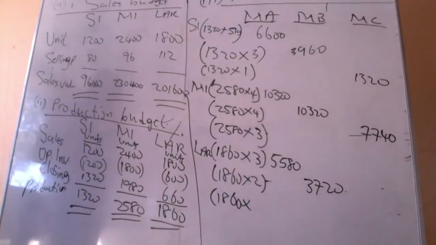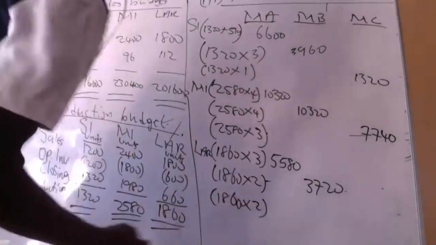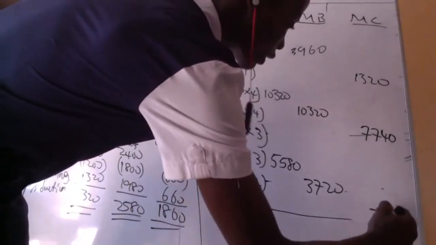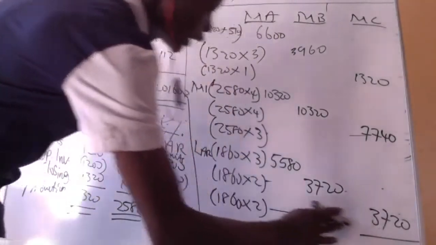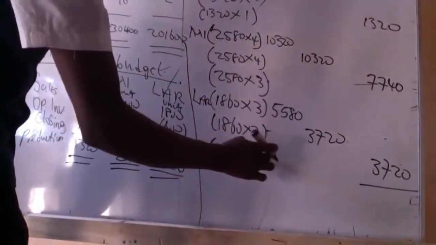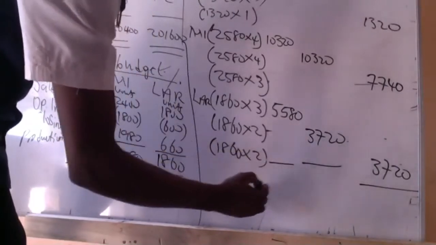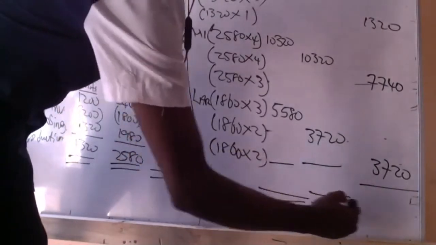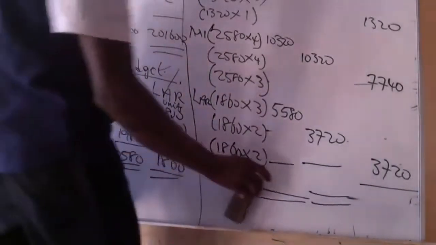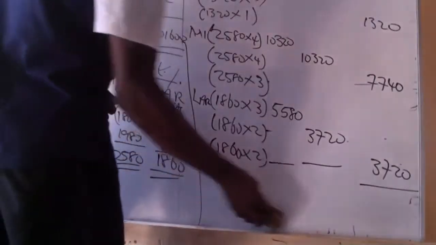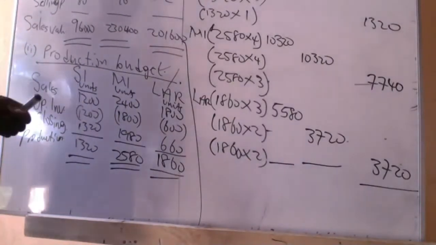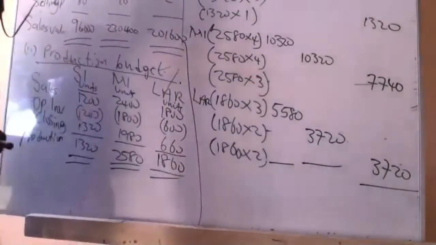It's also 2. So that will also be 3,720. And we are done for the. You underline this one. Then no, we are not done. Maybe one more step for us to go. I hope you can see that bit of the board. Yes. Okay, that's fine. Good.